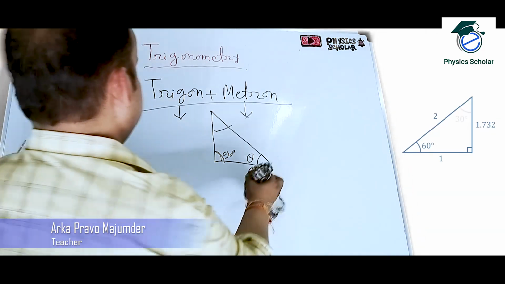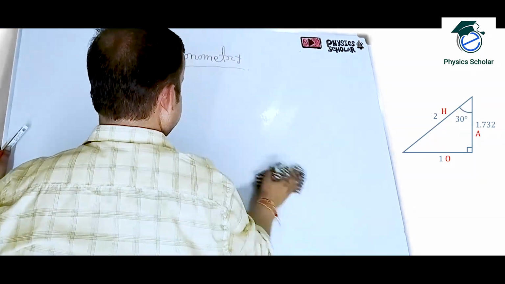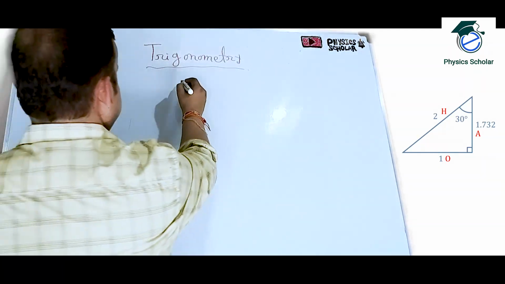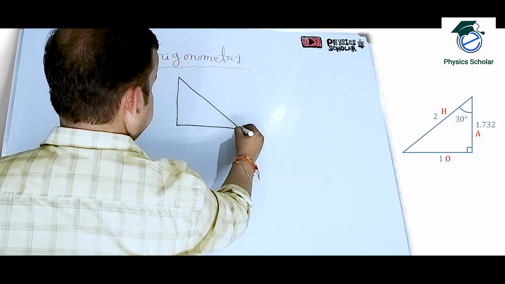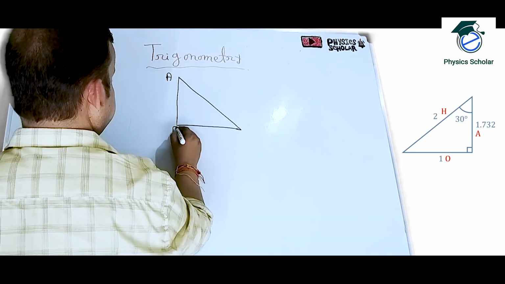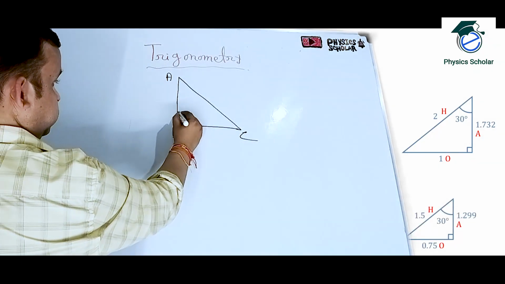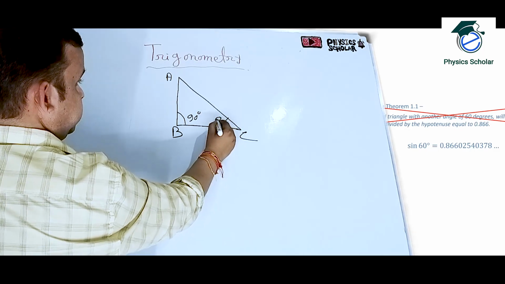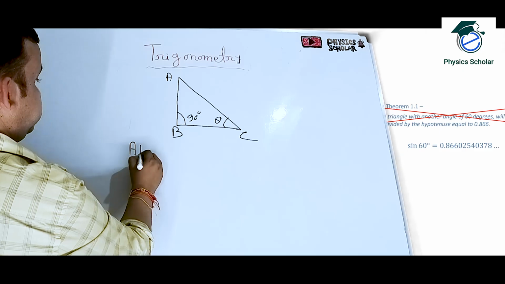Now let us start. First let us draw a triangle. Suppose this is a right angle triangle ABC. Hope you can see this. Suppose this angle is 90 degrees and this angle is theta.